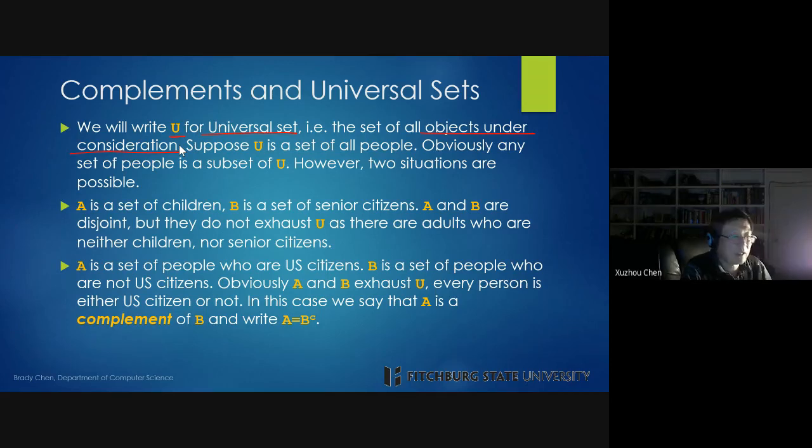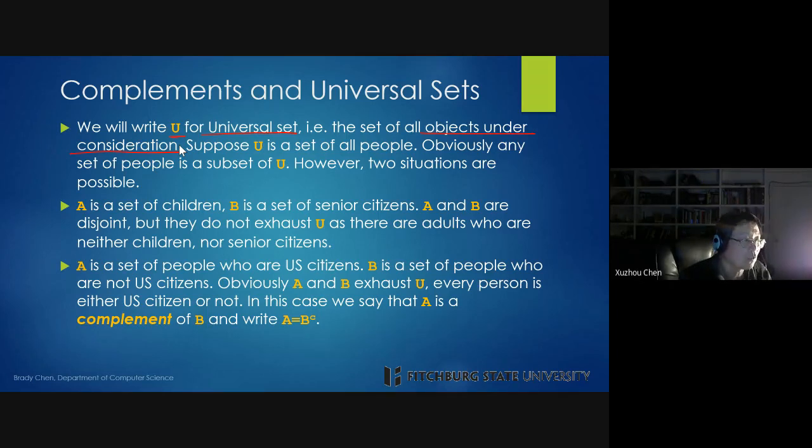Otherwise, if the universe includes everything, then you can say the universe is the universal set. But we're not talking about this. We're talking about all objects under consideration. For example, if we talk about all the students in Fitchburg State University, then the universal set U is the set of all students in Fitchburg State University.